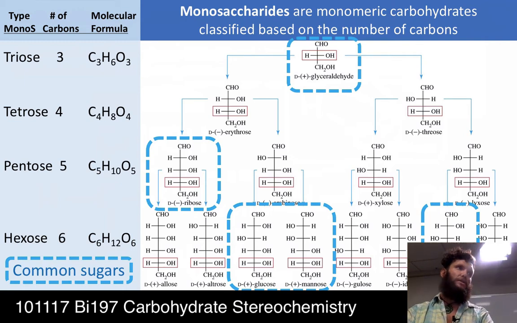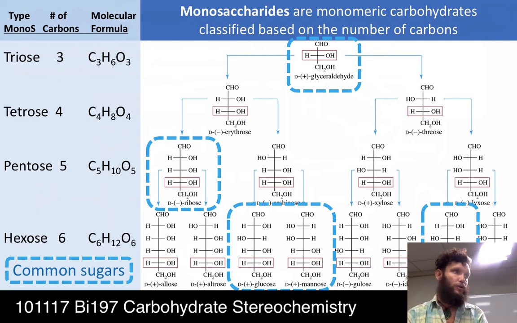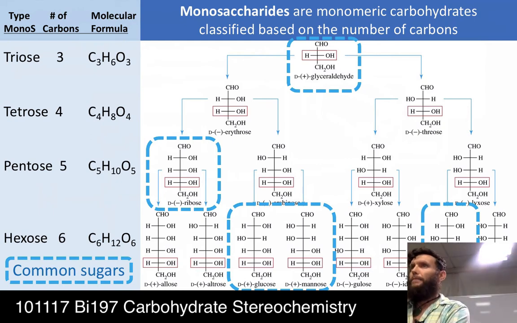Another thing you'll notice about this diagram is when you look at the names of them, for example, glucose at the bottom, you see a D and then in parentheses a plus sign and glucose, or at the top D-glyceraldehyde.